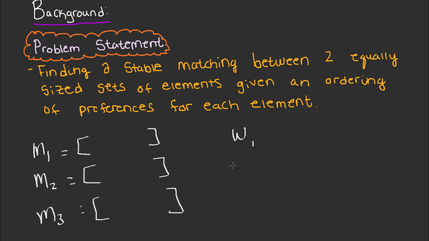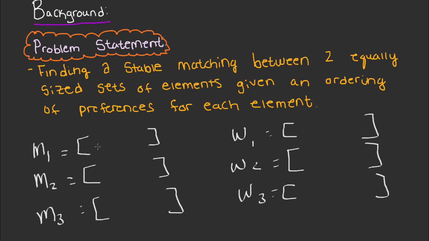So we would have woman 1, woman 2, and woman 3, and that would be a vector of preferences in an ordered ranking. Let's say man 1 prefers woman 2, woman 1, woman 3, and another prefers woman 3, woman 1, woman 2, etc.